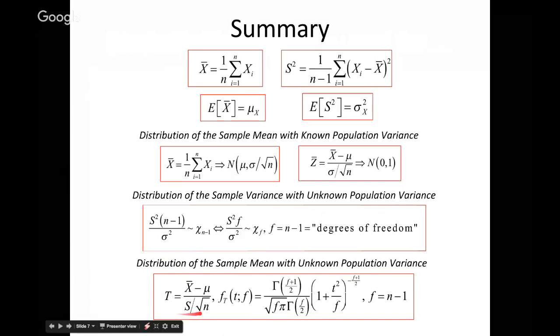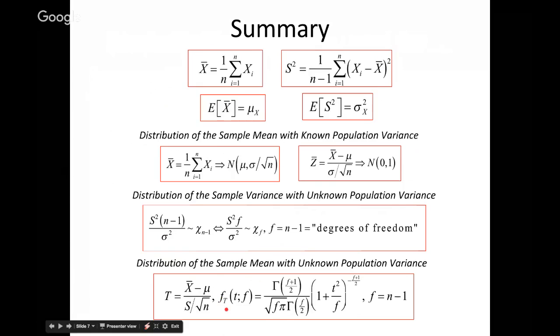And this new quantity we call a t statistic, that's the t here. It's a new random variable, and it just represents the distribution of the sample mean around the population mean, normalized by this s over square root n. The really key result is that we showed in the last video that this new quantity follows what's called the student t distribution, which is another analytical distribution, which is given by this quantity here.